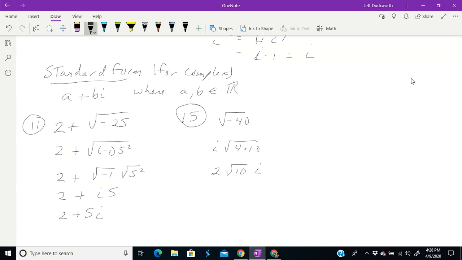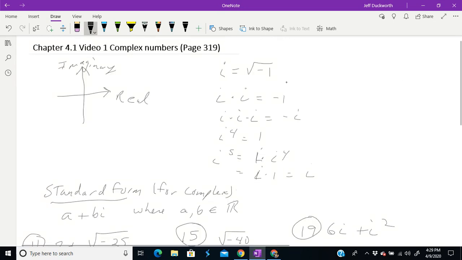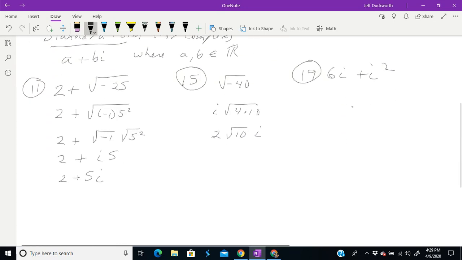One more from this group here. Let's do number 19, and I'll move on to another group of problems. Number 19, they give you 6i plus i squared. We know from above that i squared is just negative 1. i times i is negative 1.